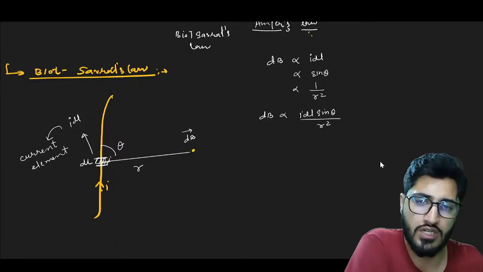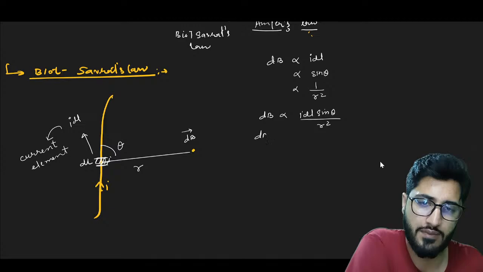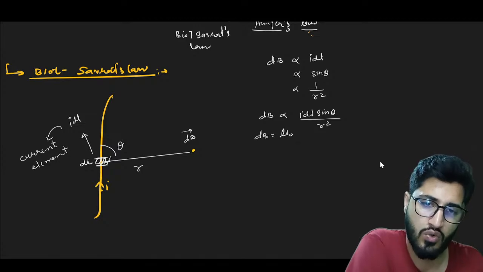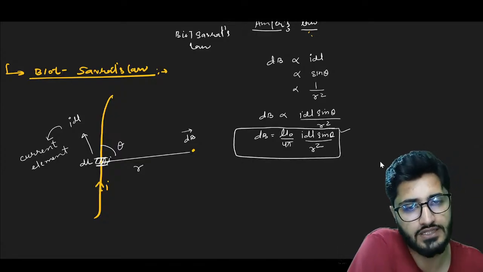I will change the proportionality sign, so I can write dB equals mu naught divided by 4 pi, I dl sine theta by r square. This boxed expression is the Biot-Savart law, so you can use it for the magnitude purpose.